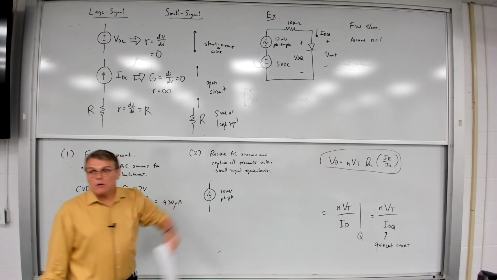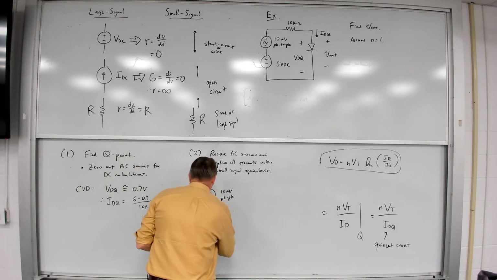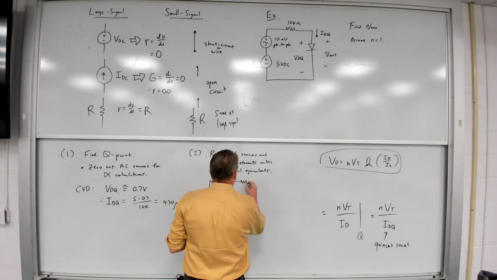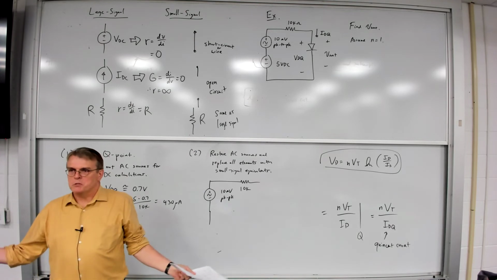My DC voltage source becomes a wire. My 10 kilo ohm resistor does not change.